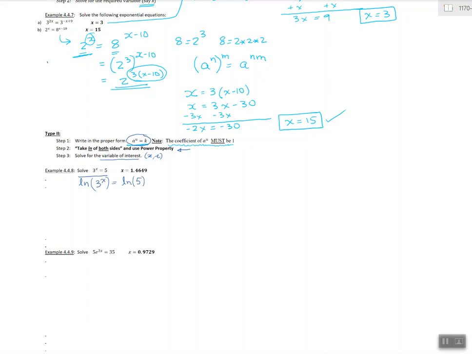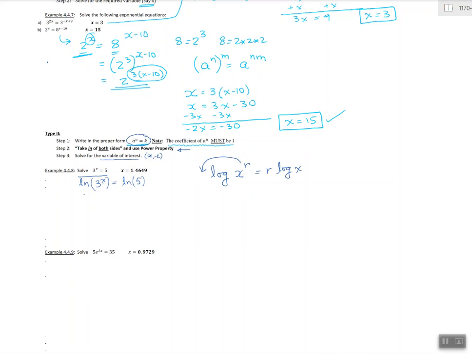Now the power property says, if you remember the power property, it says log of x raised to the power r is r times log of x. So in other words, r just comes in front, the exponent.